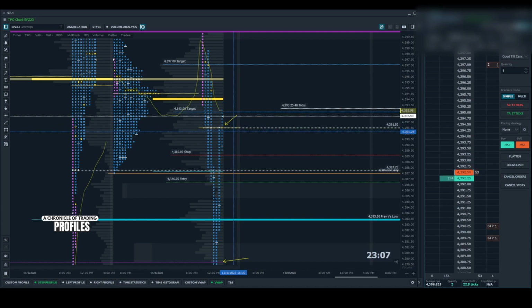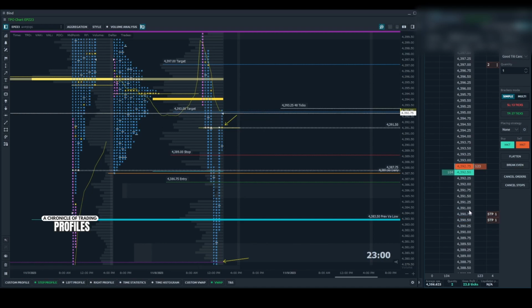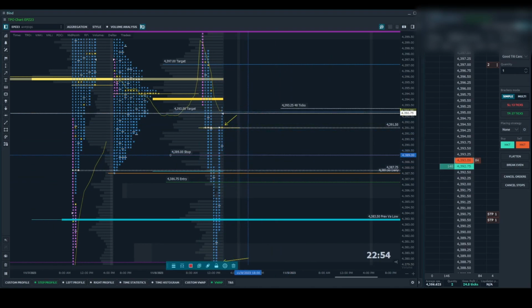Now I think I don't want to be under halfback really, 91. Still grinding through here. Now we're up here at 90.75.